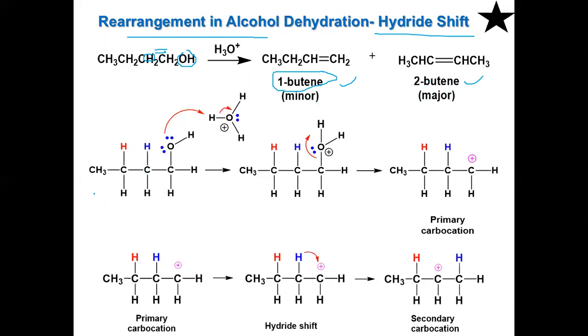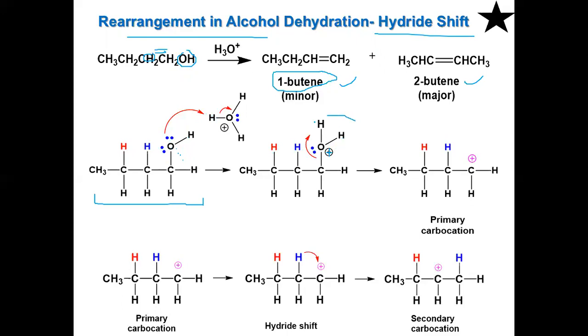So, first step dia ialah water. Acid ni akan, OH ni akan diprotonate. So, lone pair ni akan serang hydrogen ni untuk diprotonate the hydroxyl group sini. So, hydroxyl will have an extra hydrogen, make it positive.